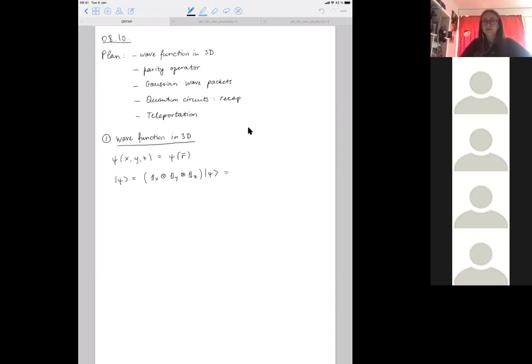So the idea is that the 3-dimensional wave function can be seen as a wave function of 3 subsystems. One subsystem is the x direction, the other corresponds to the y direction, and the third one corresponds to the z direction. And here we do the trick. We just expand the identities in the x, y, and z bases respectively.